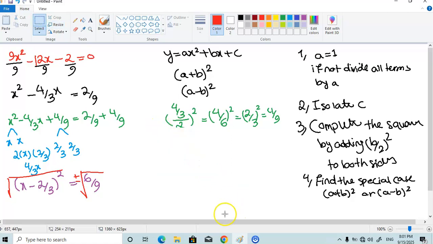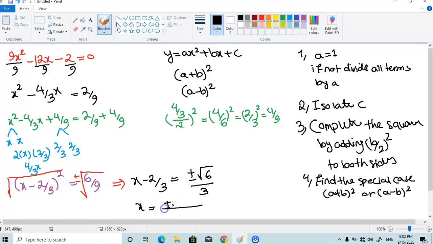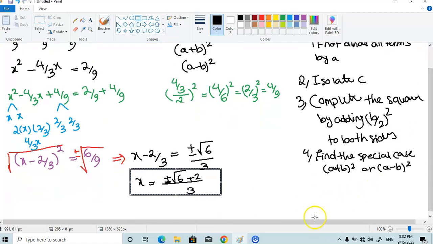So let's get rid of this. Now I'm going to have the answer. So it's going to be x minus 2 over 3 is equal to plus minus radical 6 over 3, in which x is going to be plus minus radical 6, the minus is here, plus 2 over 3. You can leave your answer in the simplest radicand form like this, or you can use a calculator to find it in decimal form.